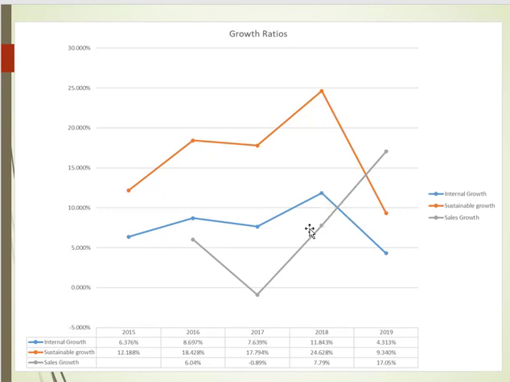But then sales kept growing. And now, this year, not only do we have to borrow money, but at this growth rate in 2019, we're also going to have to issue some equity to pay for the growth. So we want to pay attention to this because we know it takes time to issue securities.